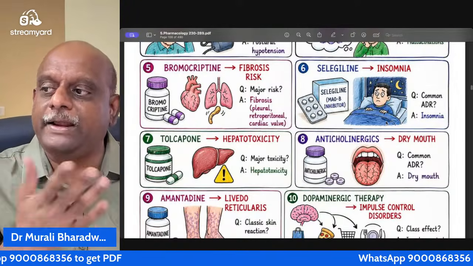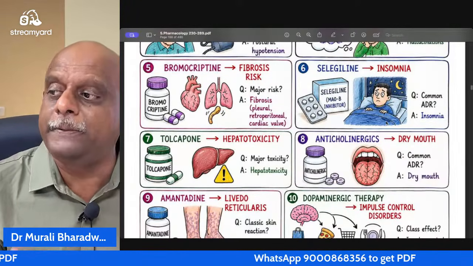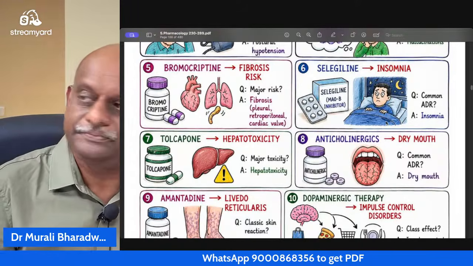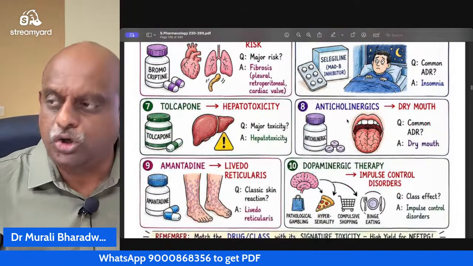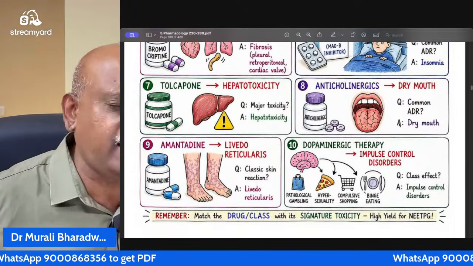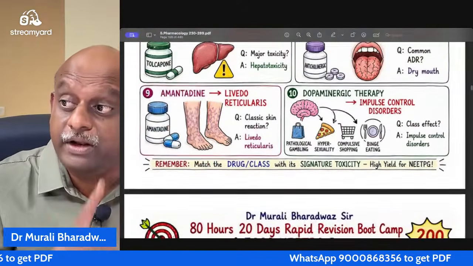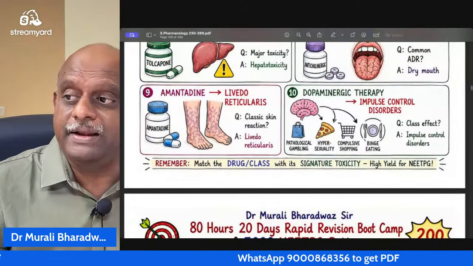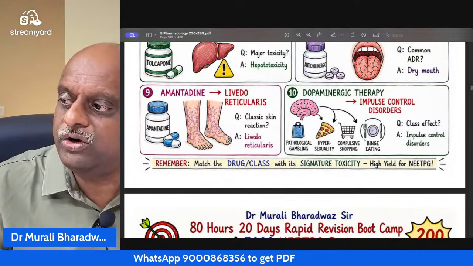So, bromocriptine can cause fibrosis, pleural, retroperitoneal and cardiac valve. Selegiline can cause insomnia, tolcapone, hepatotoxicity, and trihexyphenidyl like anticholinergics, dry mouth. Very important. Amantadine can lead to livedo reticularis, is what you need to remember.